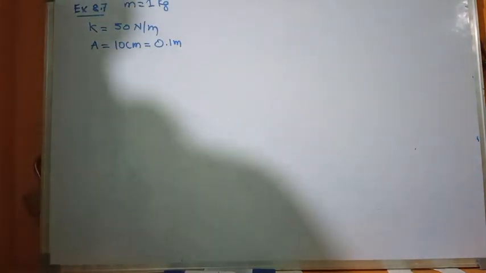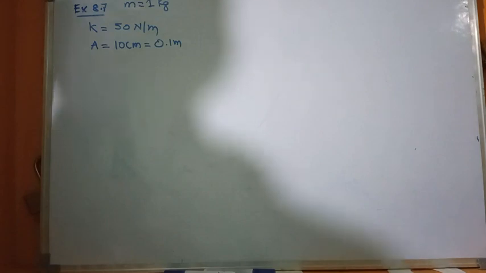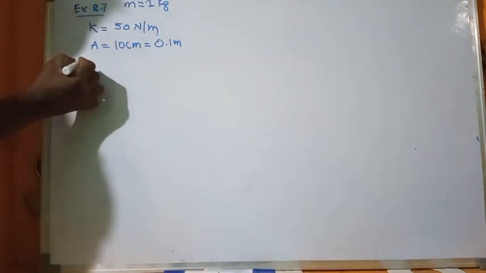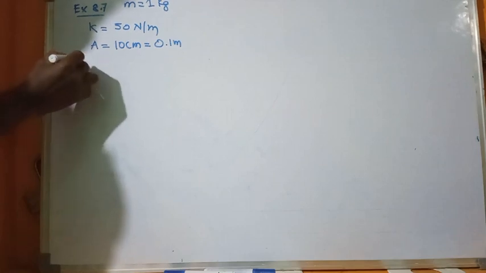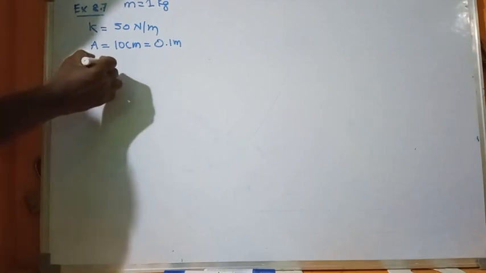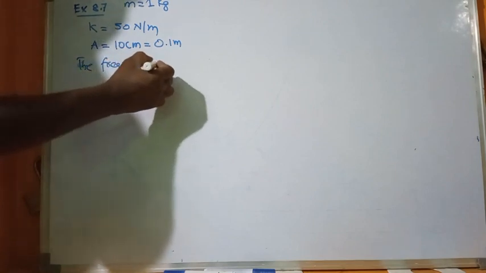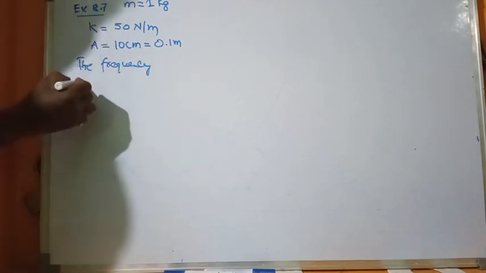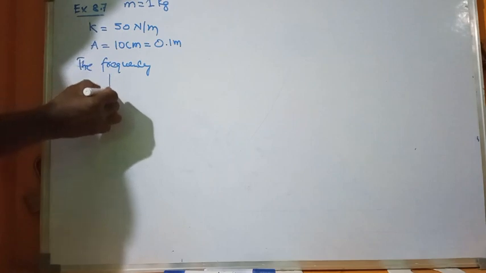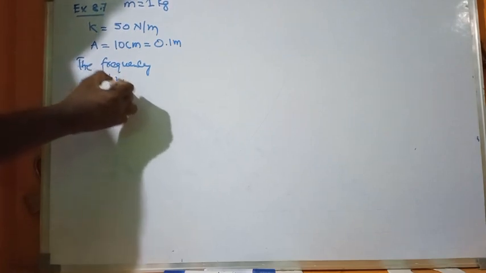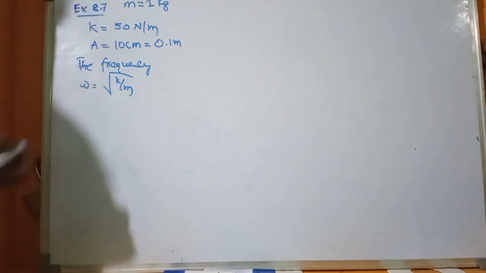The angular frequency is given by omega, which is equal to the square root of k by m in case of a spring and block system.